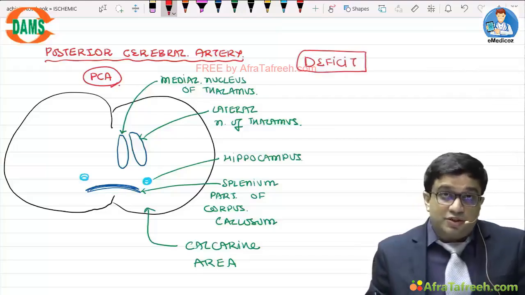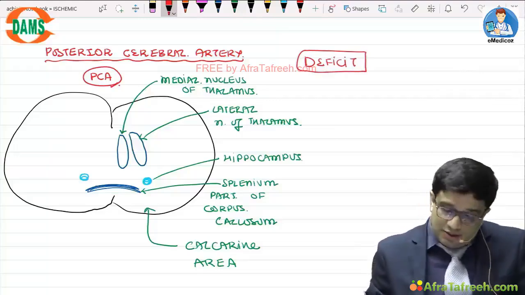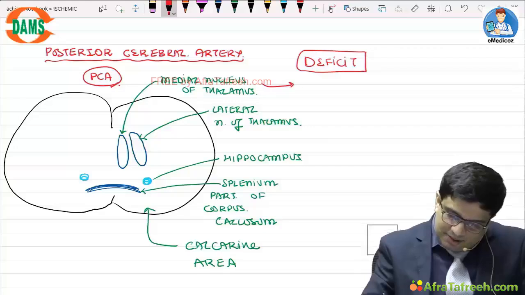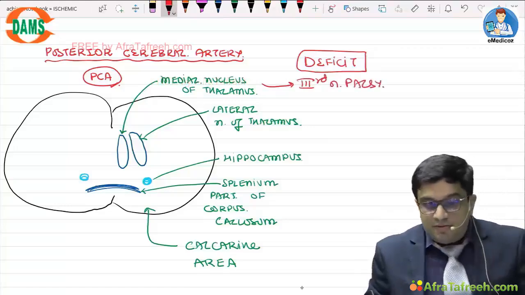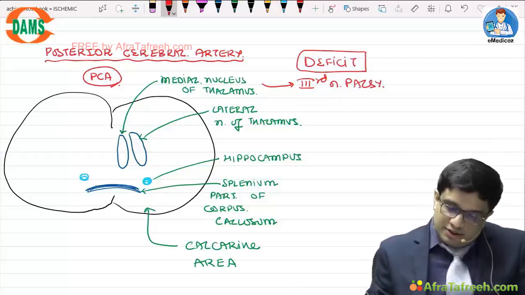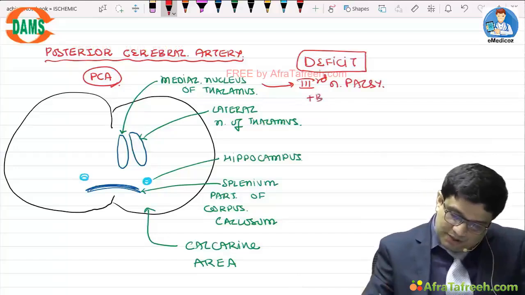We'll learn more in detail in ophthal as well as in anatomy. So if the medial nucleus of thalamus is involved, there can be a third nerve palsy also. Apart from this, some behavioral abnormalities or hallucinations can also occur in them.